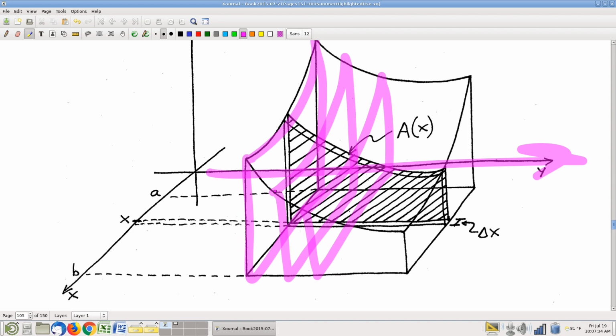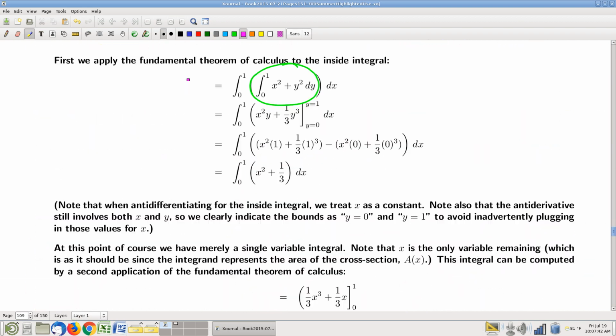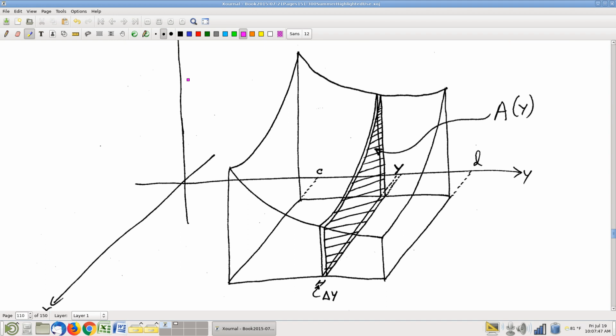Nothing wrong with that at all. Sometimes this is even a better choice. So I'm going to leave it as an exercise for y'all to work through the details. They're all right here for your convenience in these diagrams, and all the algebra's right here in the book. But notice I'm slicing here first perpendicular to the y-axis instead of the x-axis.